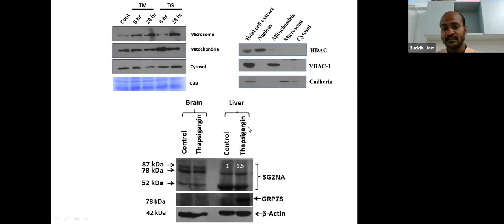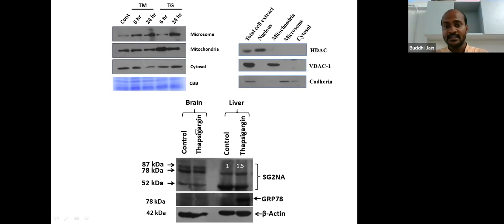One thing: in the cell line we are talking about only one isoform, that is 78 kilodalton, because in most cell lines only the 78 kilodalton isoform is present. But if we talk about tissue, there is separate work which shows the expression of different isoforms in a tissue-specific manner.